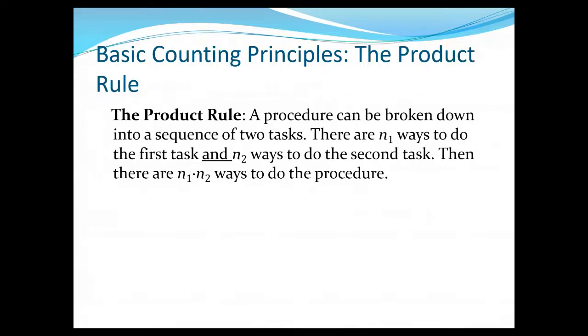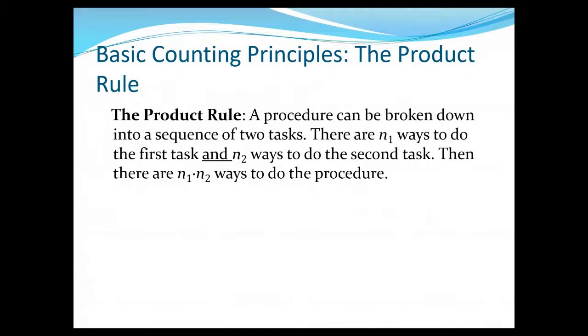Basically, if you have two characters in a pattern, the different ways of representing the first character is your n sub 1, and the different ways of representing the second character is n sub 2. Multiply these two, and that will be the number of ways of representing that pattern. That's the meaning of the product rule.